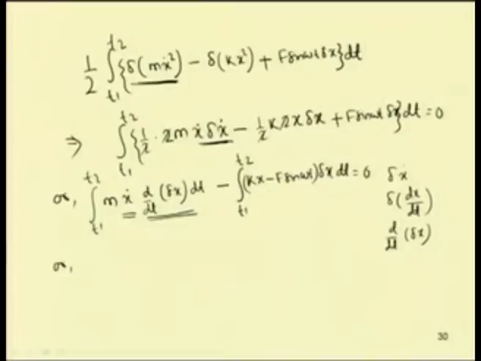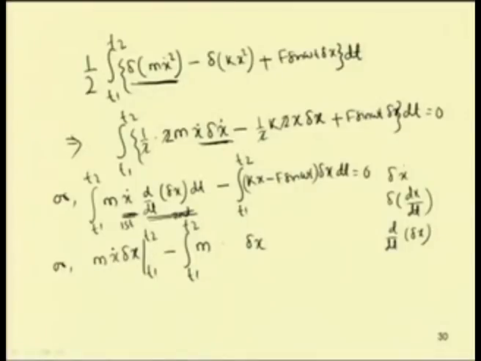So, the integration becomes m, where this is the first function and this is the second function. The first function remains as it is, times the integration of the second, which becomes del x, evaluated from T1 to T2, minus integration T1 to T2 of m del x times the derivative of the first one.